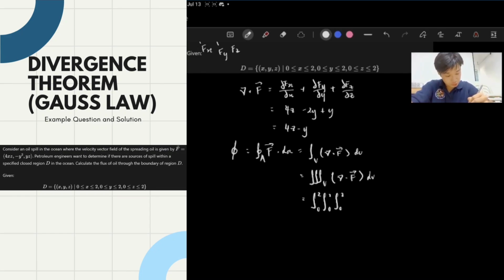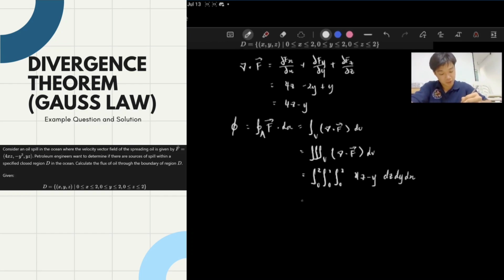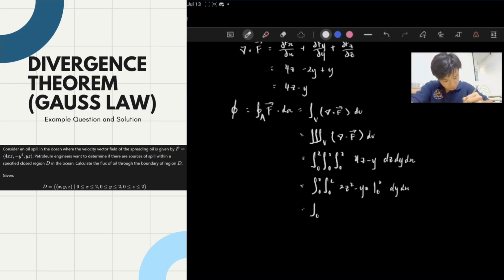We write the divergence, we get 4z minus y. That will be our first function, dz, dy, and dx. We integrate the first function with dz. We'll get 2z squared minus yz, so 2 dy dx. We sub in the value for z, we'll get 8 minus 2y dy dx.